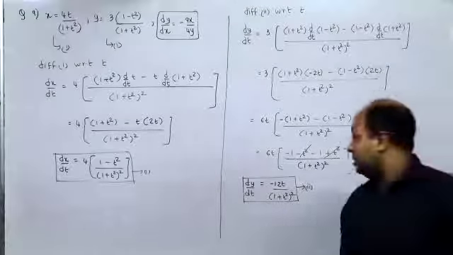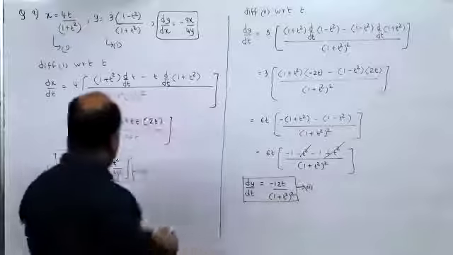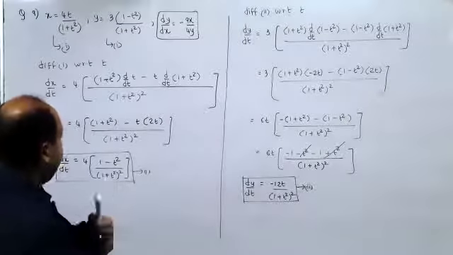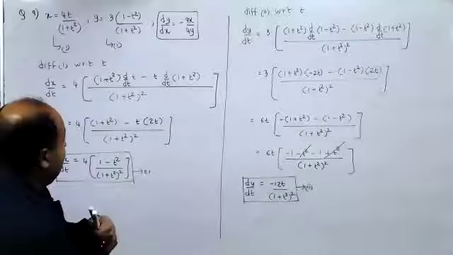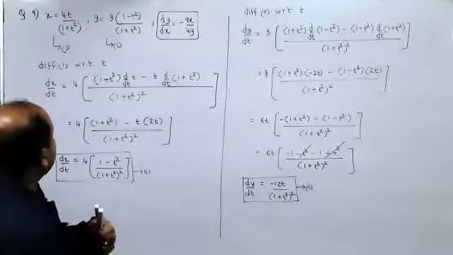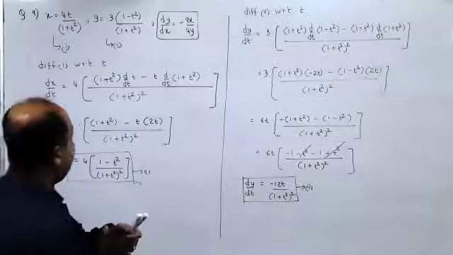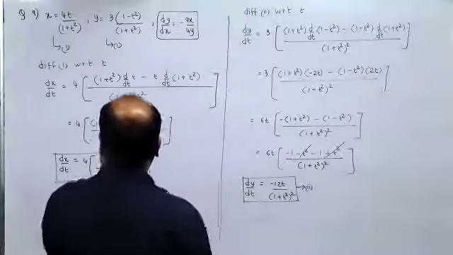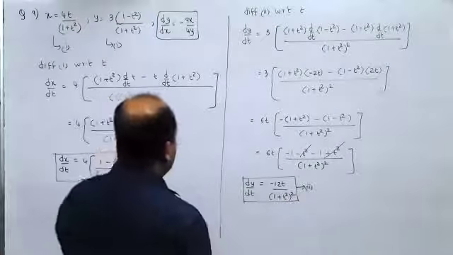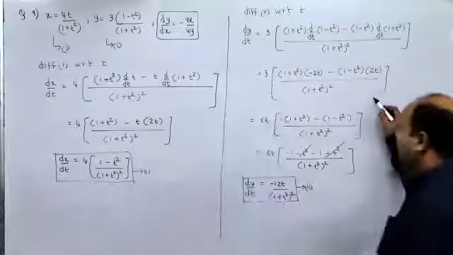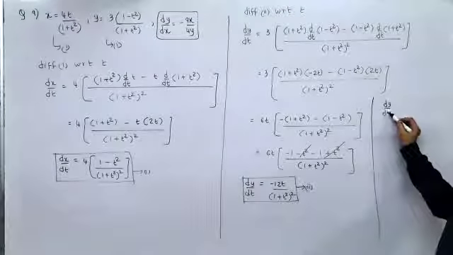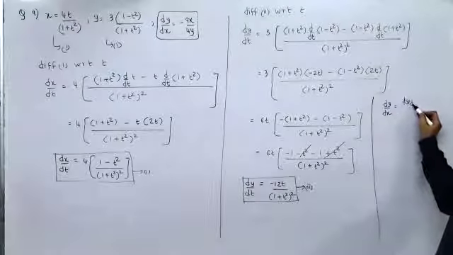Now, when I divide the two, can I write it in terms of x and y here? Okay, so what is dy by dx? It is dy by dt upon dx by dt.